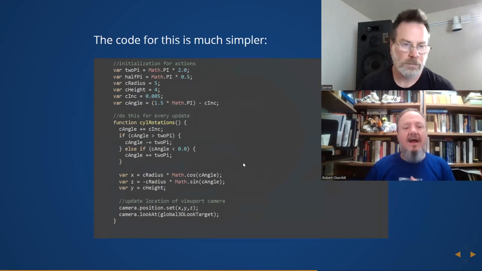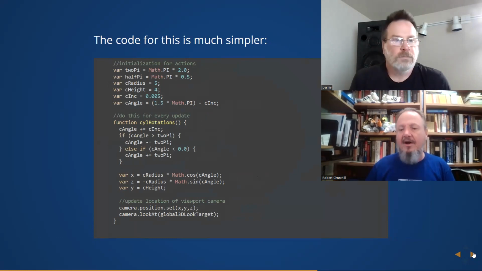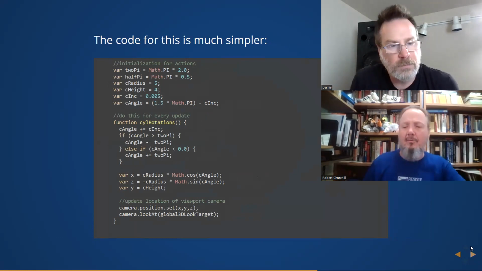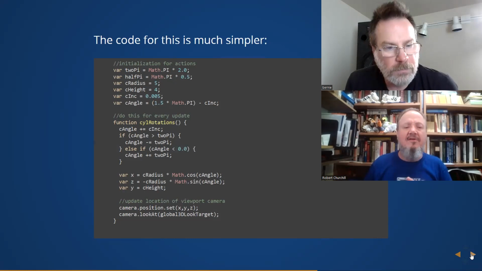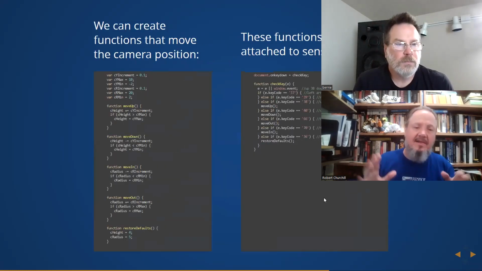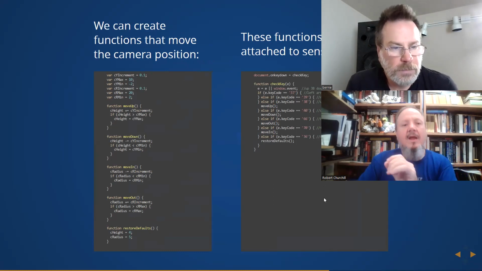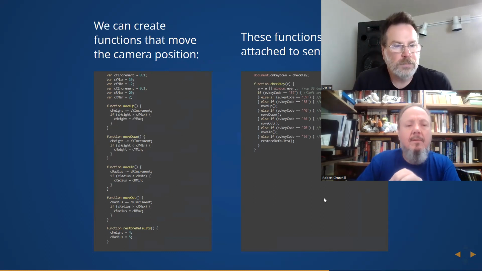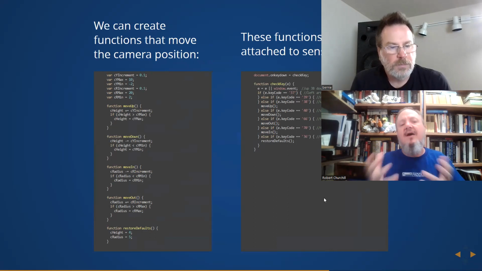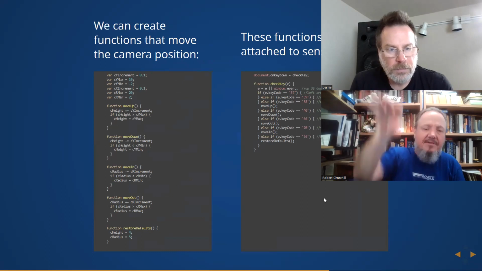So that's actually a lot simpler. You see the math, I don't have to go through all the crazy things I did in the previous one. Now let's have a little fun. I will actually define some actions to move the camera up and down.